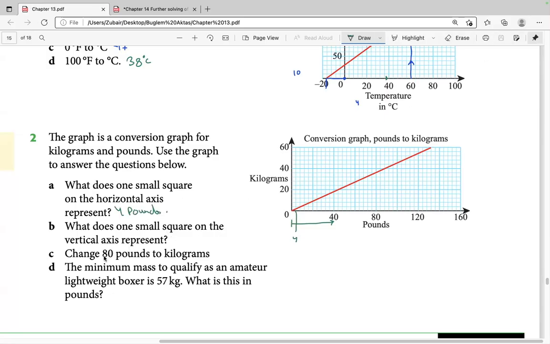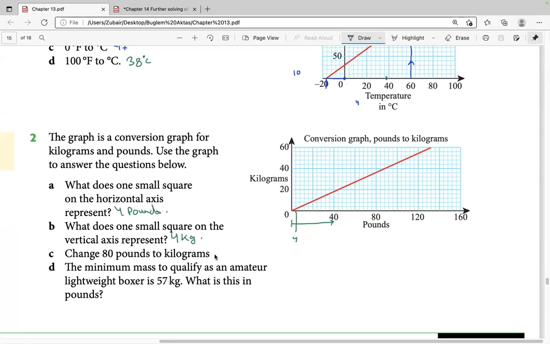What does one small square on the vertical axis represent? 4 as well? 4, yes, and 4 kilograms. Change 80 pounds to kilograms. 36?